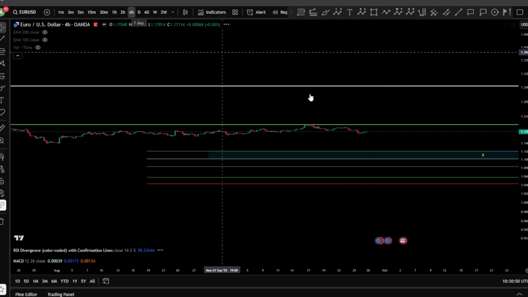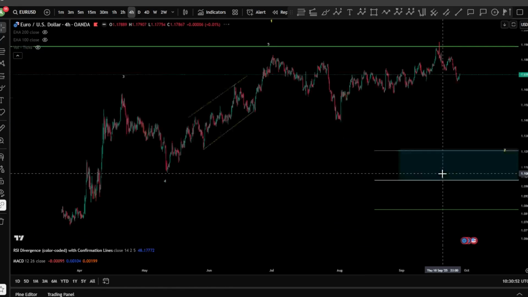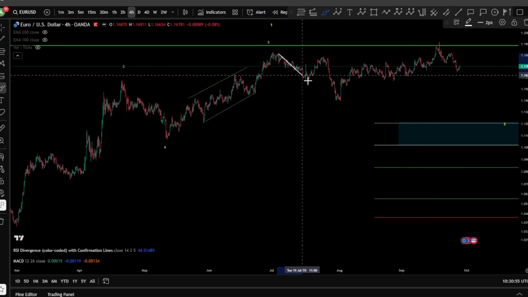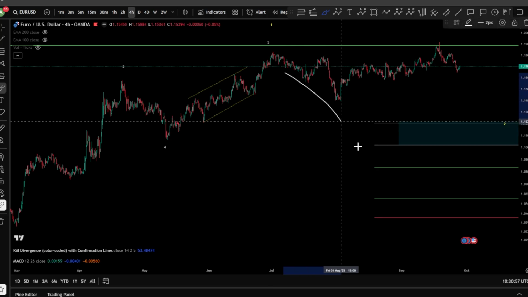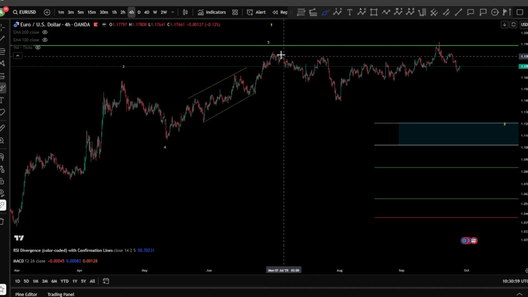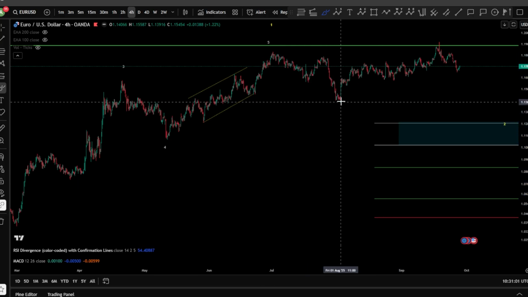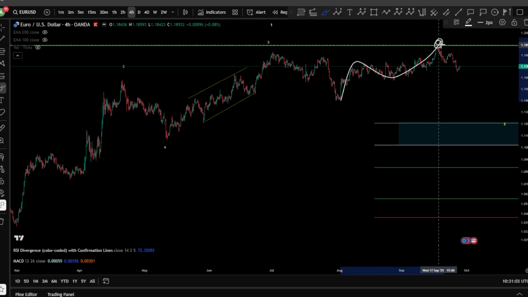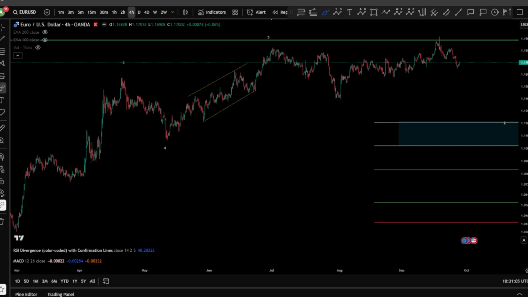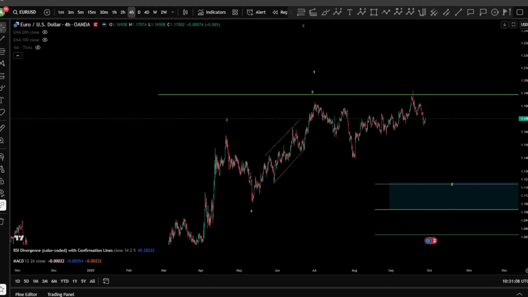If we move inside it on the lower time frame, we can see clearly that we are in 3 waves corrective, and that means nothing is impulsive downward, but simply a correction here, followed by 3 waves up, getting the high, and that means it's an expanding flat wave B here.